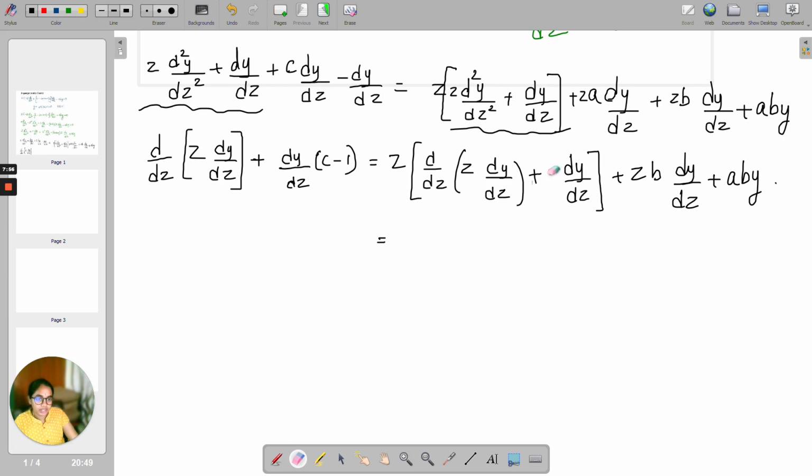I can take this a inside because it is a constant, so y into a. Taking d by dz out, I would get d by dz into z dy by dz plus a into y.